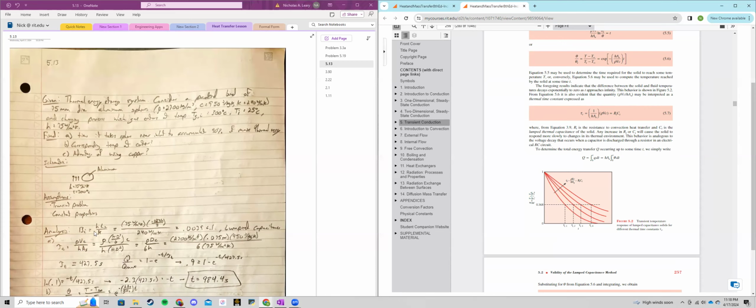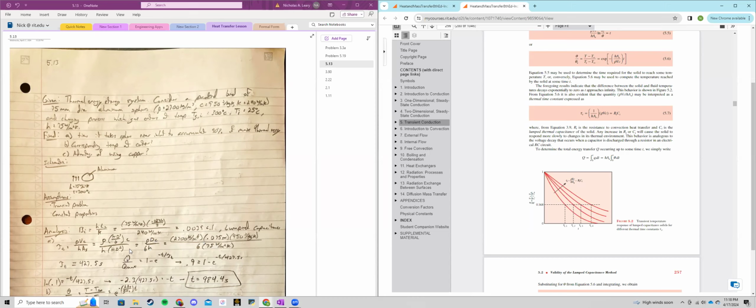So just checking out what exactly goes into the volume and area calculations, we could then simplify that to just rho times the diameter times c over 6 times h. So plugging in the values that we have here, we find that our thermal time constant is 427.5 seconds.